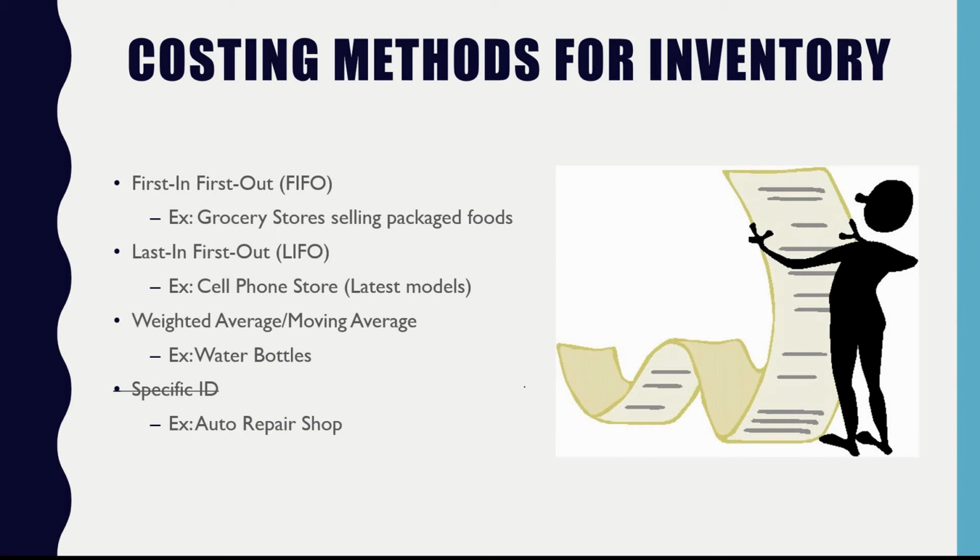Now think about it this way. The way that you shelf it or put it on the shelf, right? You generally will put the ones that will expire sooner in the front, and then the ones that expire later in the back, because the idea of FIFO is that you're trying to sell your first batches first, all right?